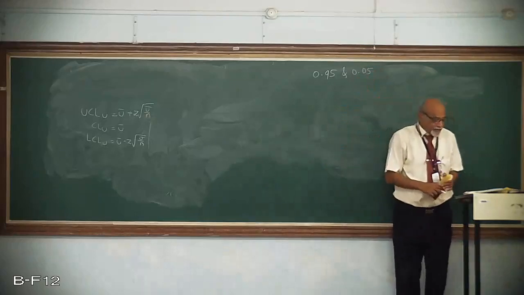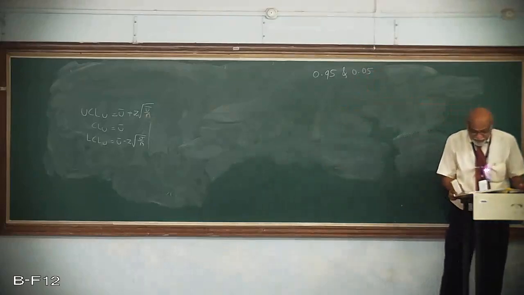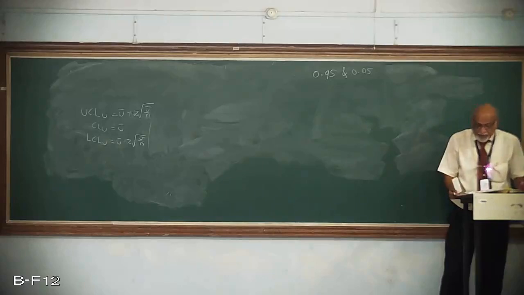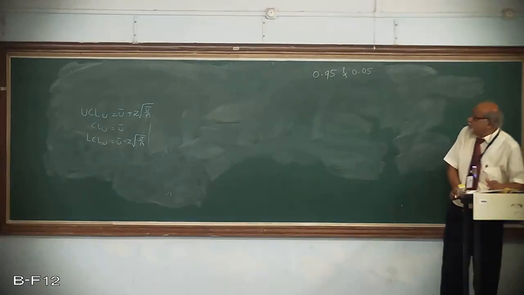Then the Z value remains the same; otherwise, it will not remain the same. Probability corresponding to the probabilities of 0.95 and 0.05.